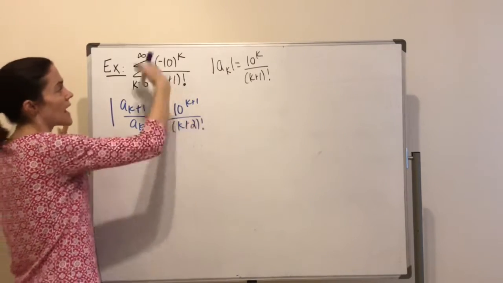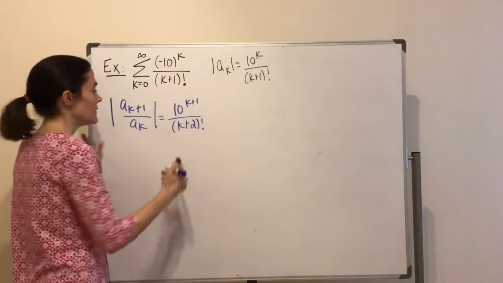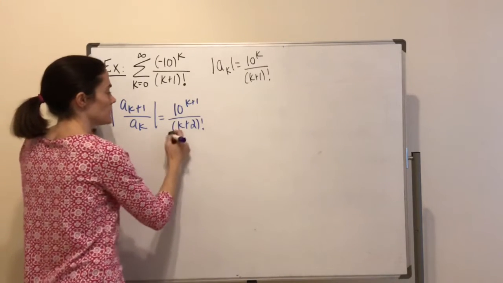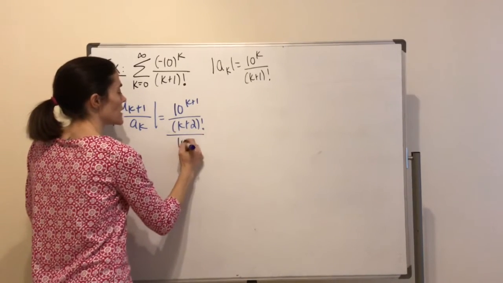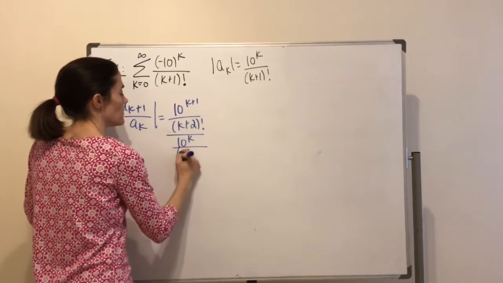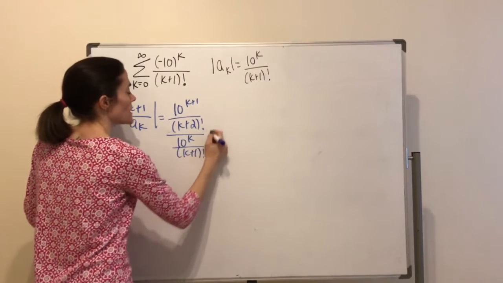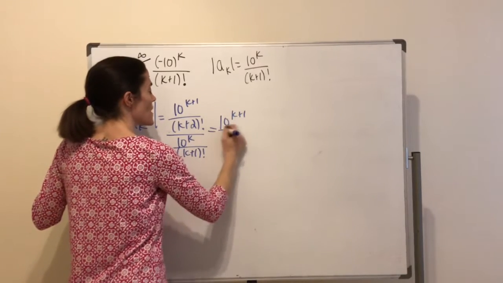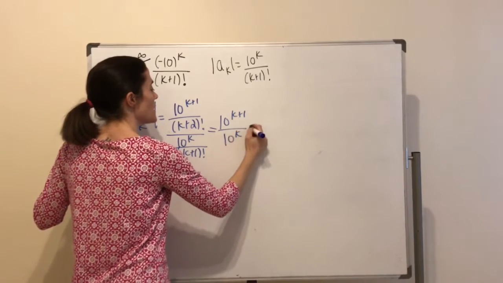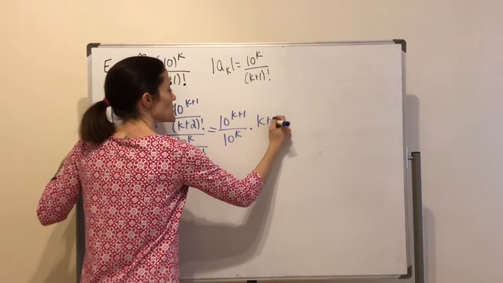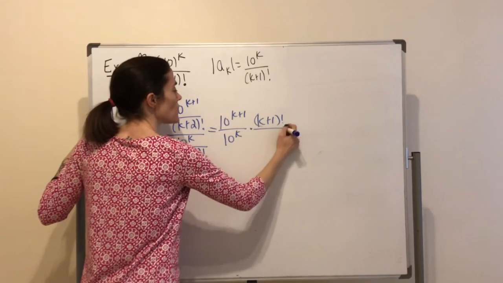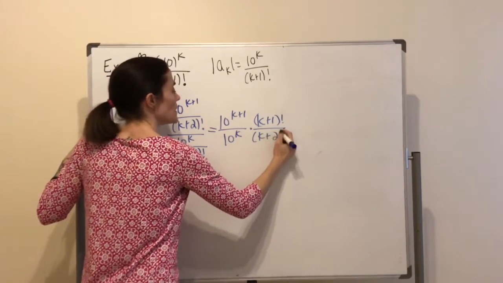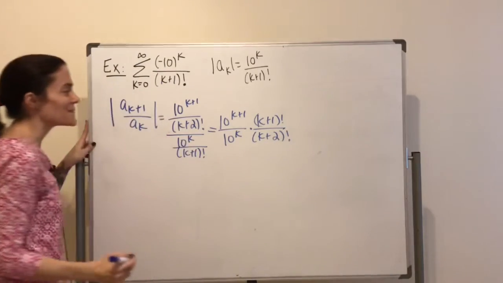When I take the kth term, let's write it underneath like this. I was going to invert and multiply, but I'll do that now. This will be 10 to the k plus 1 over 10 to the k, and then times k plus 1 factorial over k plus 2 factorial in the denominator.